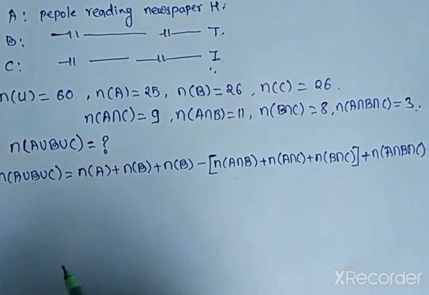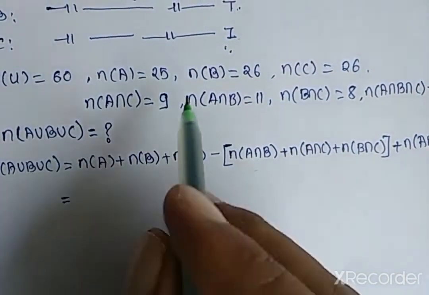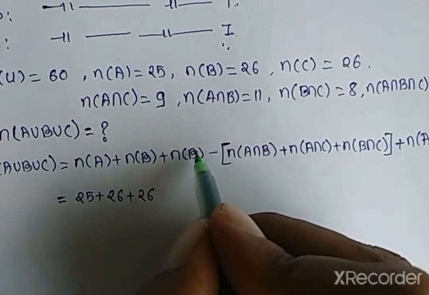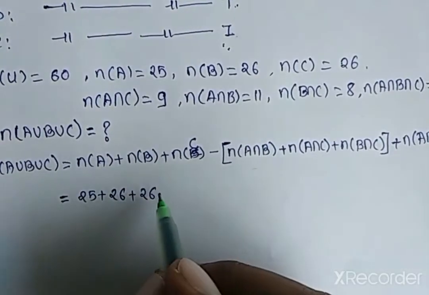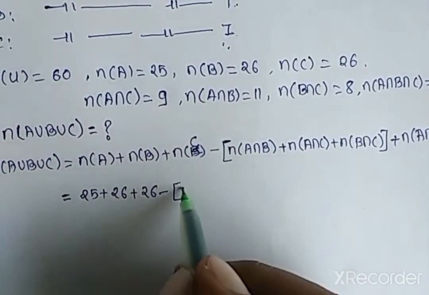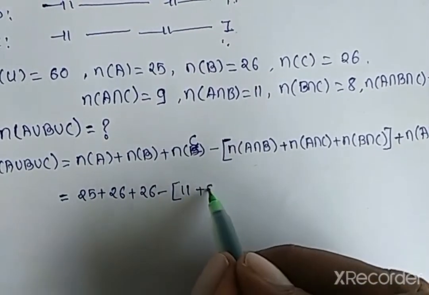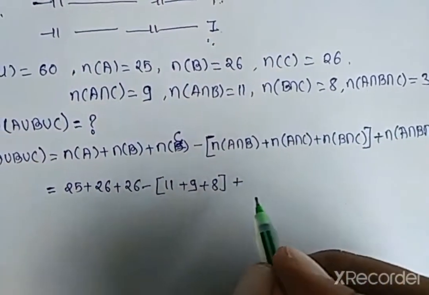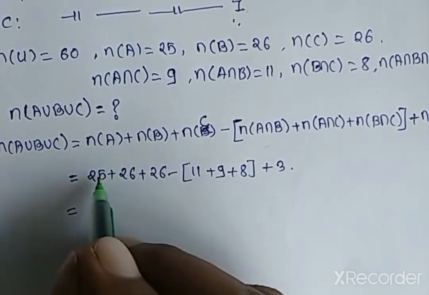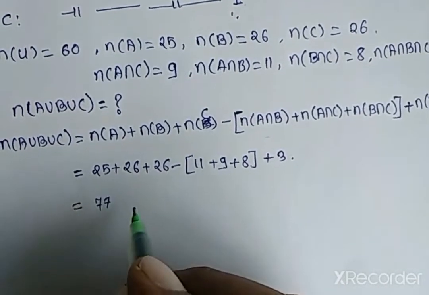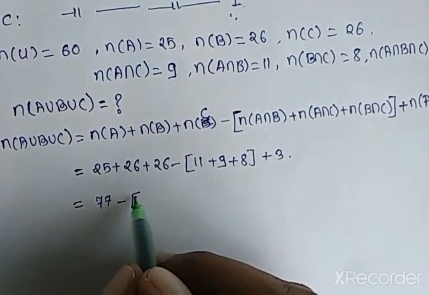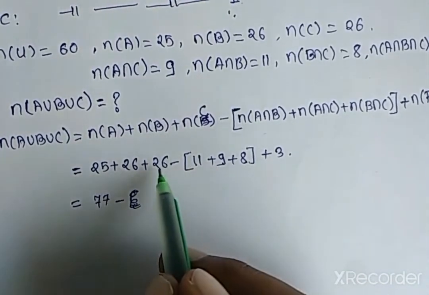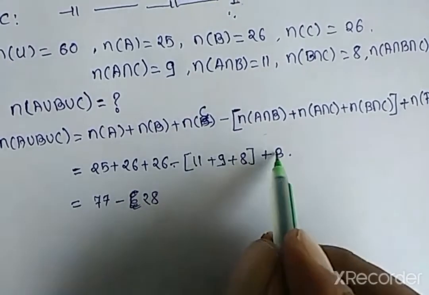So we write all the values from above. So here N of A is equal to 25, N of B is equal to 26 plus N of C, sorry, here it is N of C. N of C is equal to again 26, minus A intersection B is 11 plus A intersection C is 9 plus 8, and plus A intersection B intersection C is 3. Okay, which gives us 25 plus 26 plus 26 is 77, minus, we write it directly as 11 plus 9 is 20, plus 8 is 28, so it is minus 28 and plus 3.